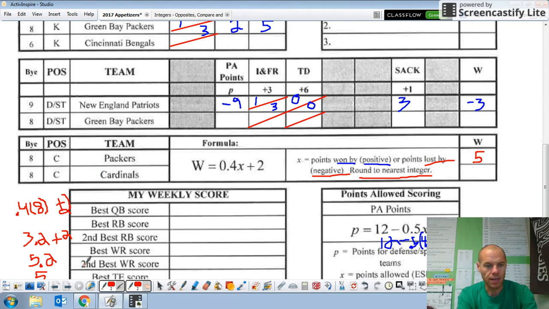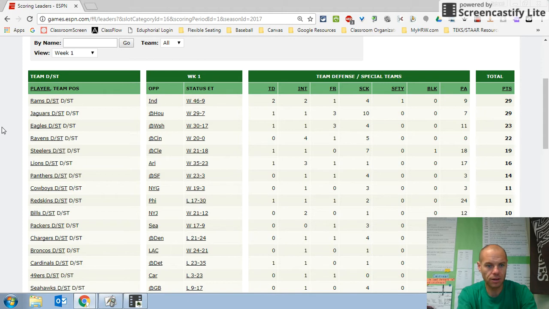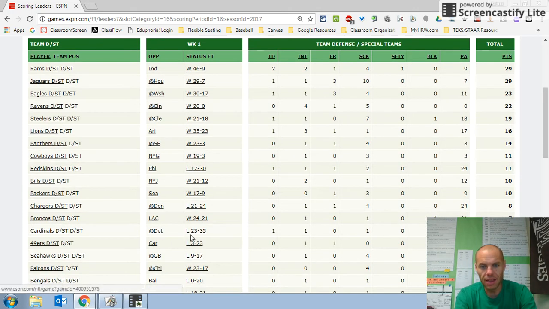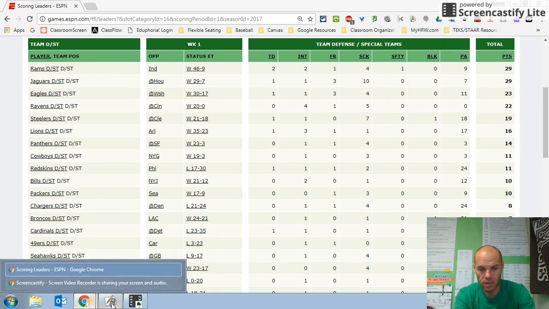Let's do the Cardinals right now. That was pretty easy, so let's just quickly do the Cardinals. So I'm looking for Arizona Cardinals. Cardinals are right here. They lost 23-35, so they lost by 12 points.